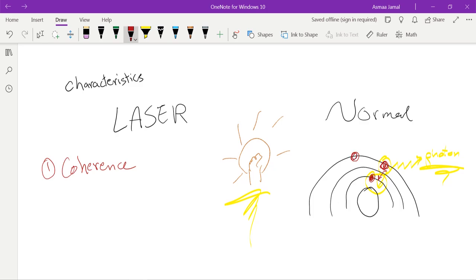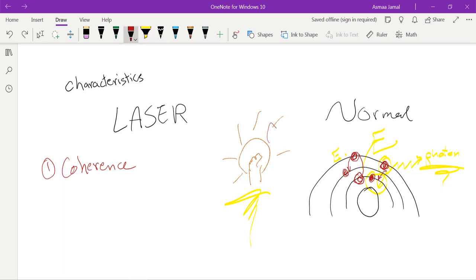So this electron, when it needs to jump to this one, it will emit a low amount of energy. But when it needs to jump to a very low level, it will emit a very high amount of energy, giving different wavelengths of light and different frequencies.